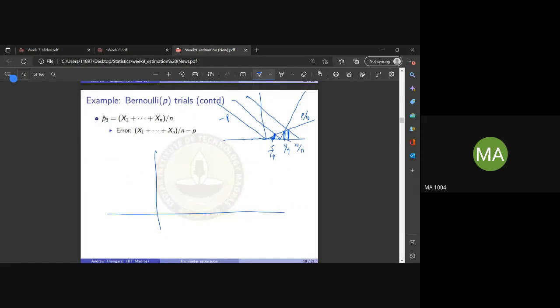So if this is p and this is your error, minus p is this, this is 0, then 1 by 2 minus p, and this mod of 1 by 2 minus p. Then you have 1 minus p, and then you have this p by 10.